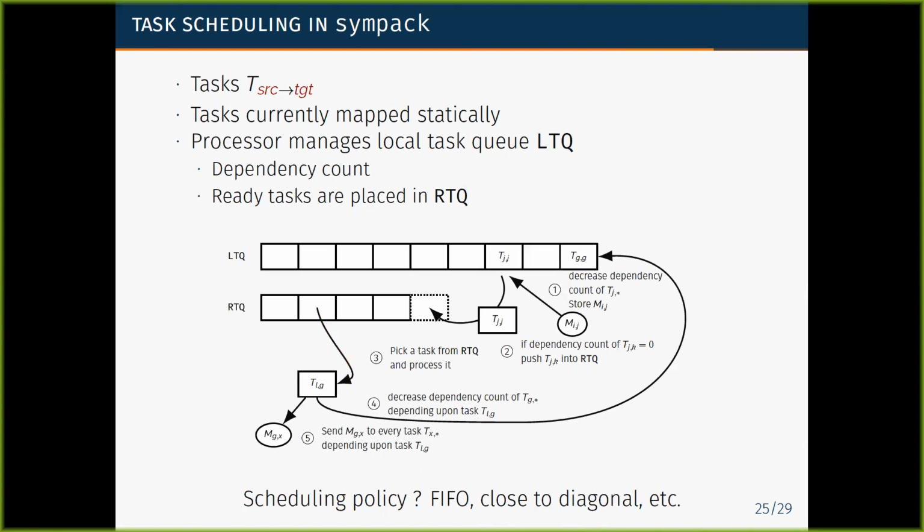There are many ways to pick which task you're going to process. And as an update in the upcoming version of symPACK, the ready task queue will potentially be processed by multiple threads. Right now, symPACK is pure MPI, but the next implementation is going to be hybrid. And so the threading is achieved by selecting tasks in this queue using multiple threads.